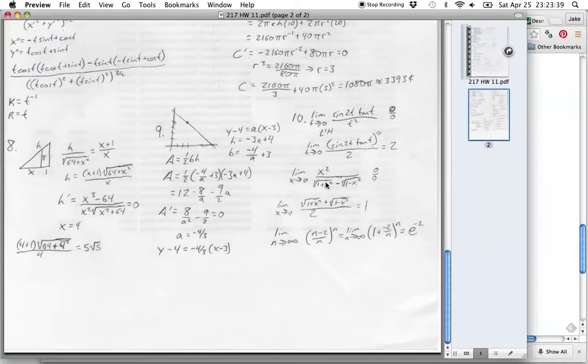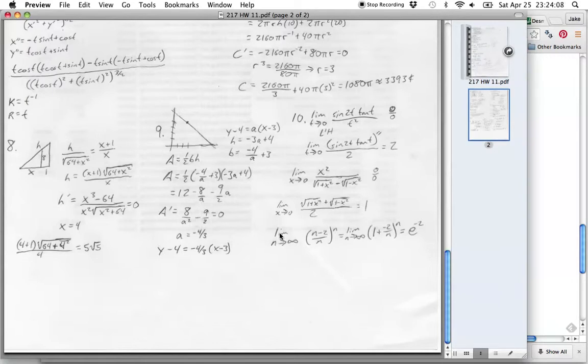So we'll have 2x squared in the denominator, and we have an x squared already here in the numerator, so those x squareds will cancel, and that's why we have a 2 in the denominator here. We have left what we multiplied in the numerator here, and then when we put in 0 we get the square root of 1 plus the square root of 1, so we get 2 over 2, which is 1.